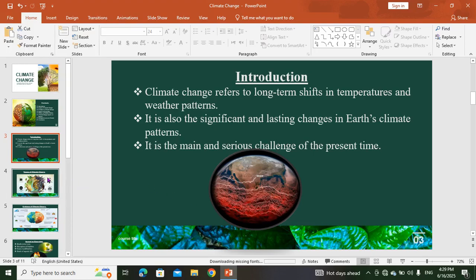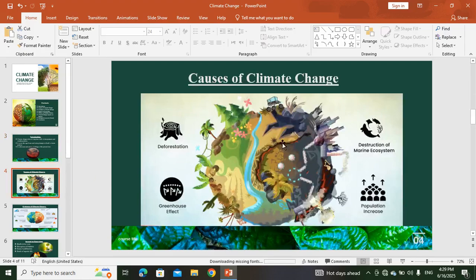And the next is the causes of the climate change. Here I will discuss 4 main causes of the climate change. You can see this picture of the earth. The left side picture of the earth is greenery. It means that this part is without climate change, and the right side picture of the earth is with climate change.